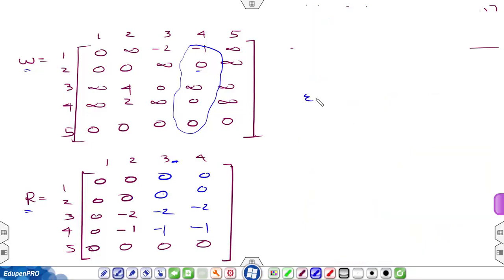So the value of r1 is 0, r2 is 0, r1 is this 1 comma 4, r2 is 2 comma 4, r3 is minus 2, and r4 is minus 1.